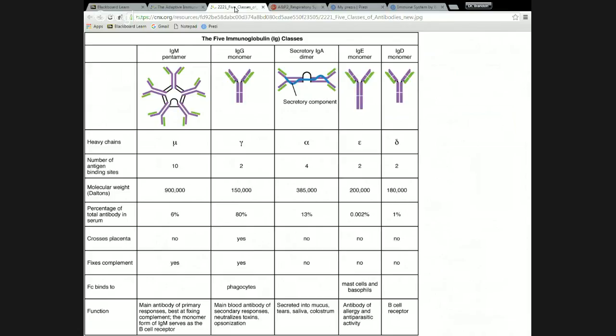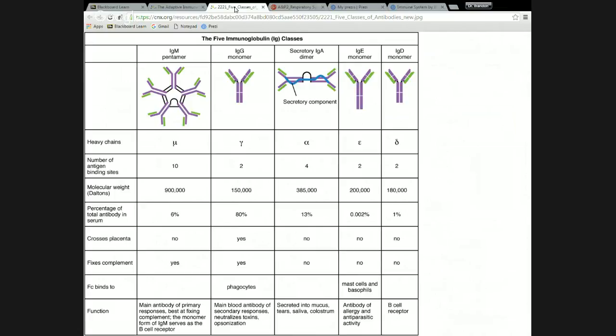The next most common type is the IgM at about 6%. This is normally found as a pentamer, which means 5 units that are all linked together. And so an IgM antibody has 10 antigen binding sites.